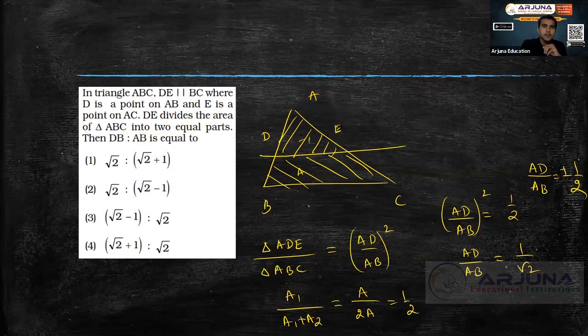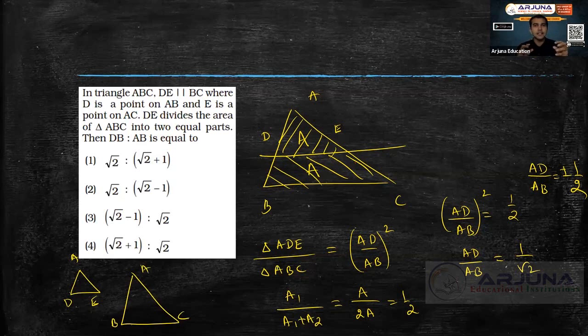So this area is A, this area is also A. And we know that for similar triangles, you can clearly see that ADE and ABC are similar triangles, and the ratio of the areas is equal to the square of the ratio of the sides. So the area of ADE by the area of ABC is AD by AB the whole square.